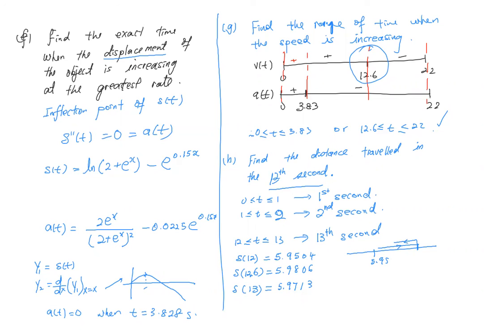So the total distance traveled will be 5.9806 take away 5.9504 plus 5.9806 take away 5.9713. Then you get the answer. Are you clear? I know this sounds a bit unreasonable, but I'm talking about a particle, so anything is possible.